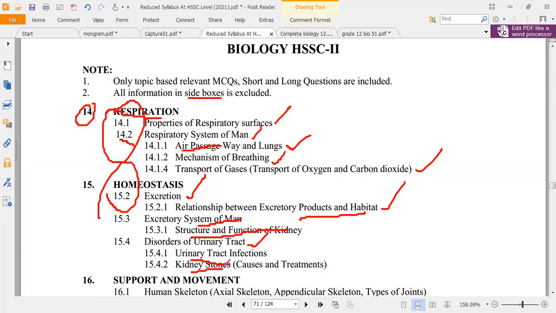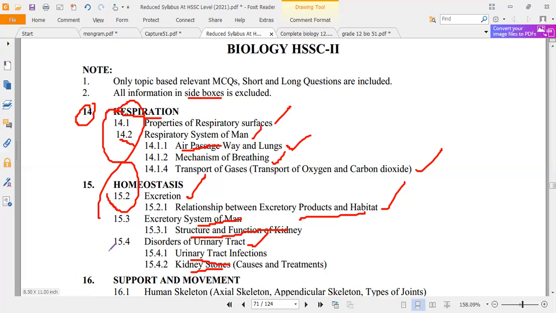After kidney stones, there are topics mentioned here, like 15.4.2, but that is different here. After kidney stones there are kidney failure and dialysis, so that is not included. Thermoregulation is also excluded. So up to causes and treatment of kidney stones, that topic is included.